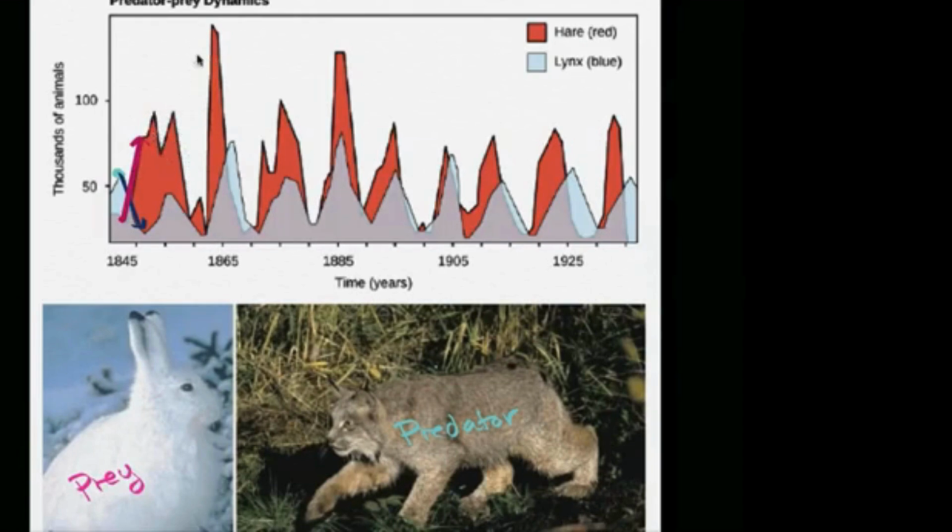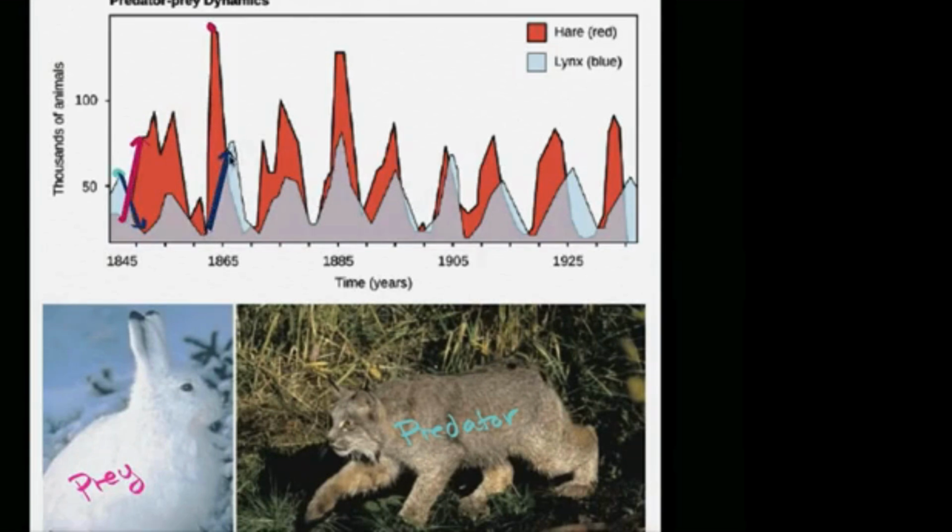But when the prey population is really, really high and the predator population is relatively low, well, then the predators say, hey, it's really easy for us to find meals right now. That was kind of that starting point when I was just reasoning through it. And so their population starts to increase.